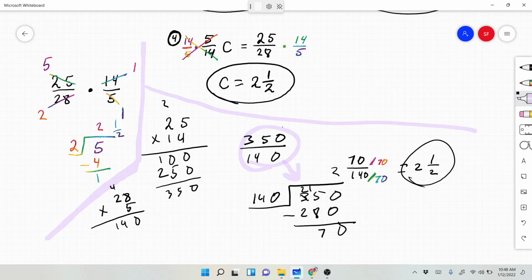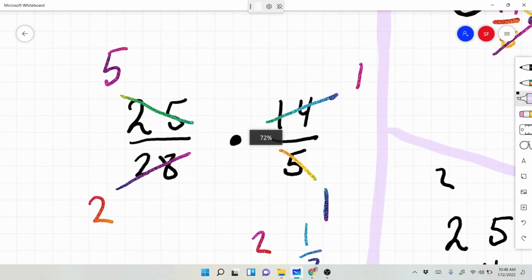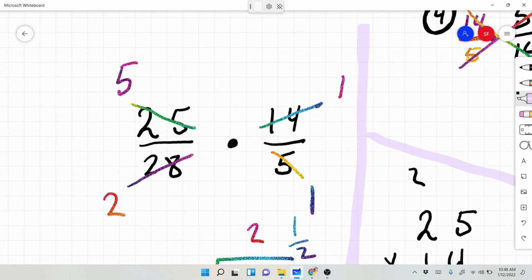When you pre-reduce, how do you know what you would multiply by or divide by? Multiply. Okay, so the multiplication step. So once I reduce all the way, remember you multiply straight across.